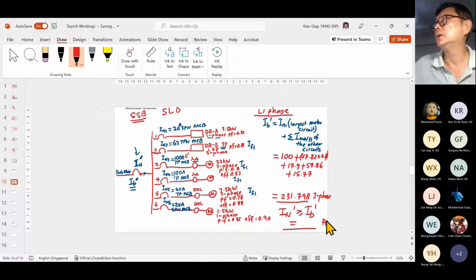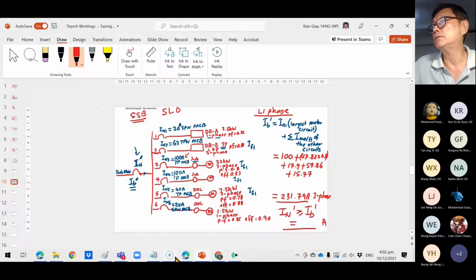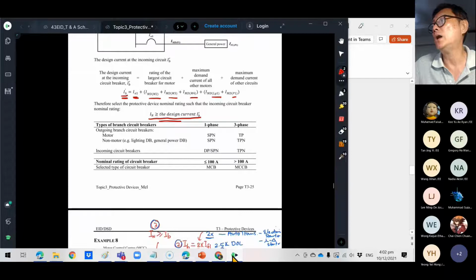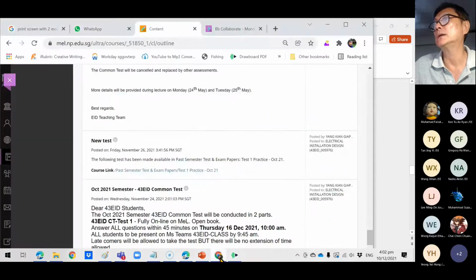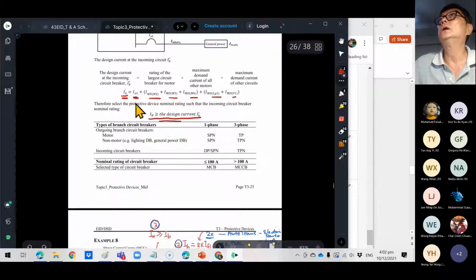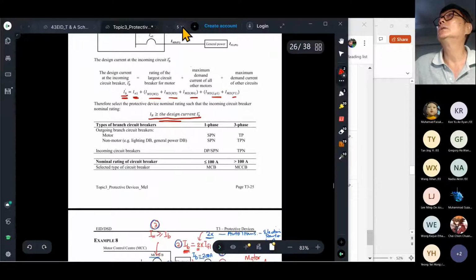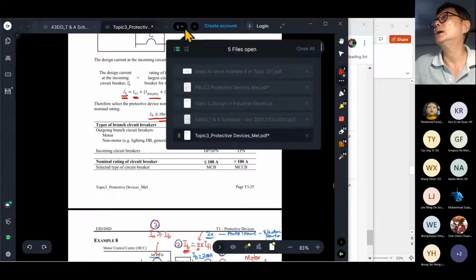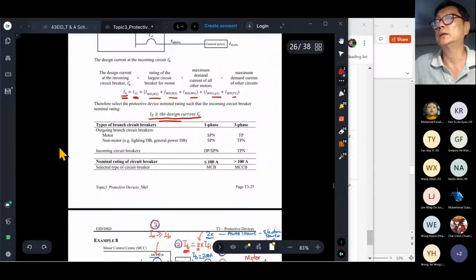Now, in an exam or test, you go to the first page of the exam paper. Usually they will give you the range, how many ampere is available, things like that. So let me see whether I can pull one example out. Unfortunately, I don't have an example sitting here.